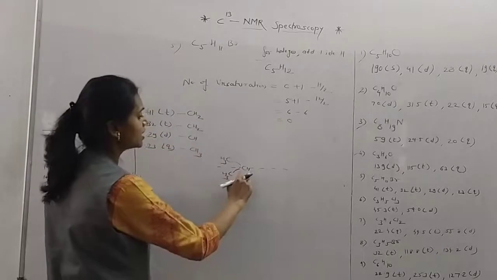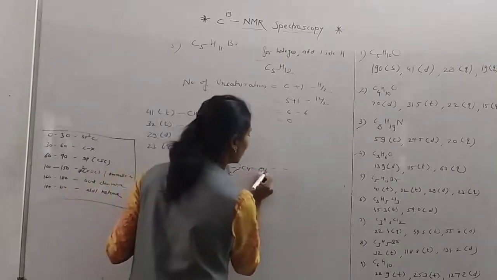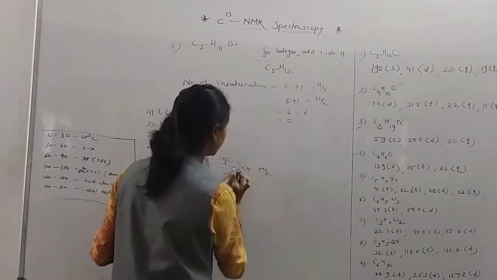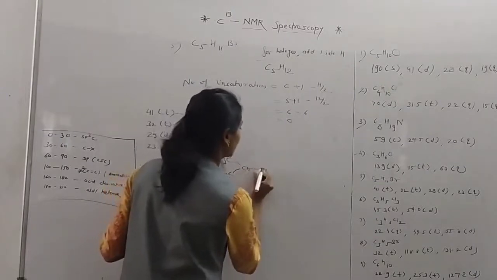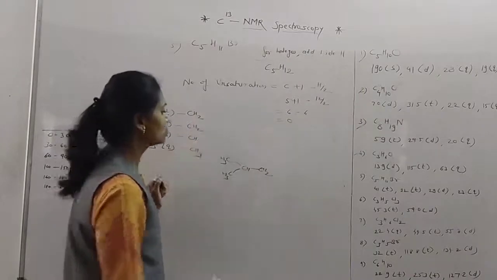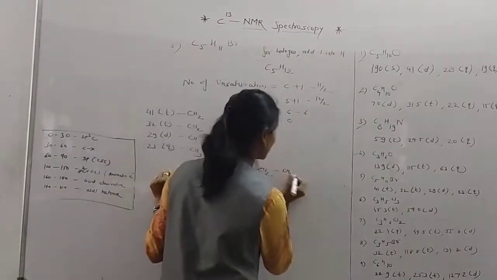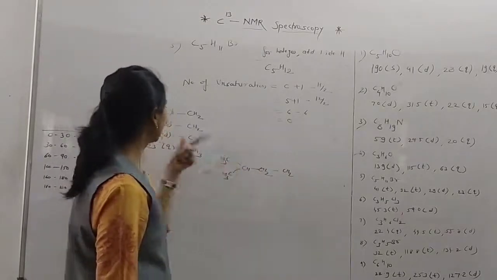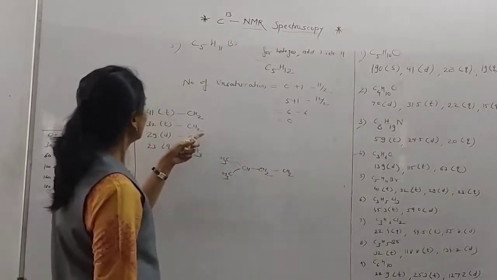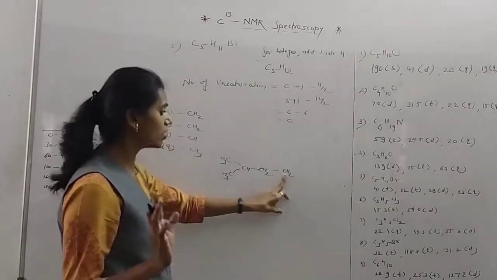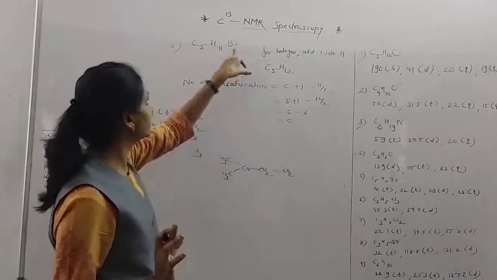After CH there is the possibility of CH2. I don't write this symmetry. There is CH2. Again there is CH2. So there is completion of 4 signals, but this CH2 does not have the complete valence of carbon atom, and there is one halogen.